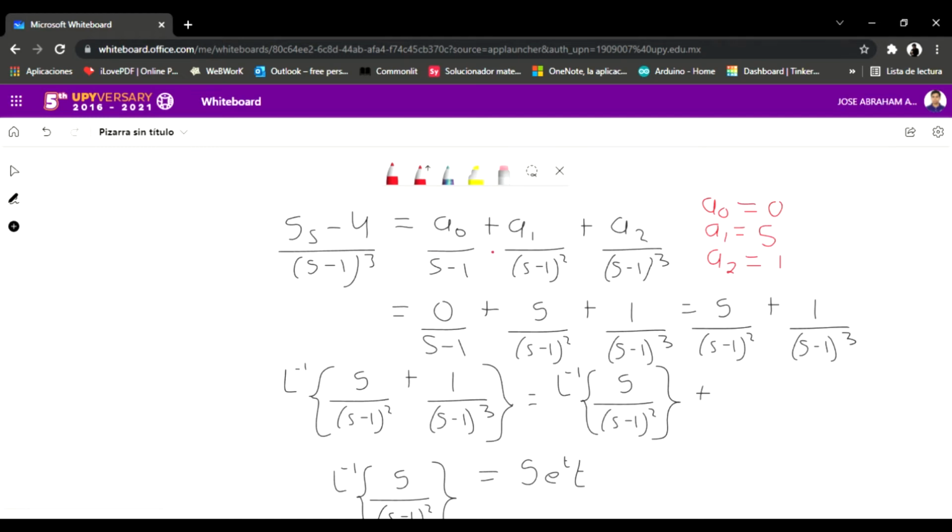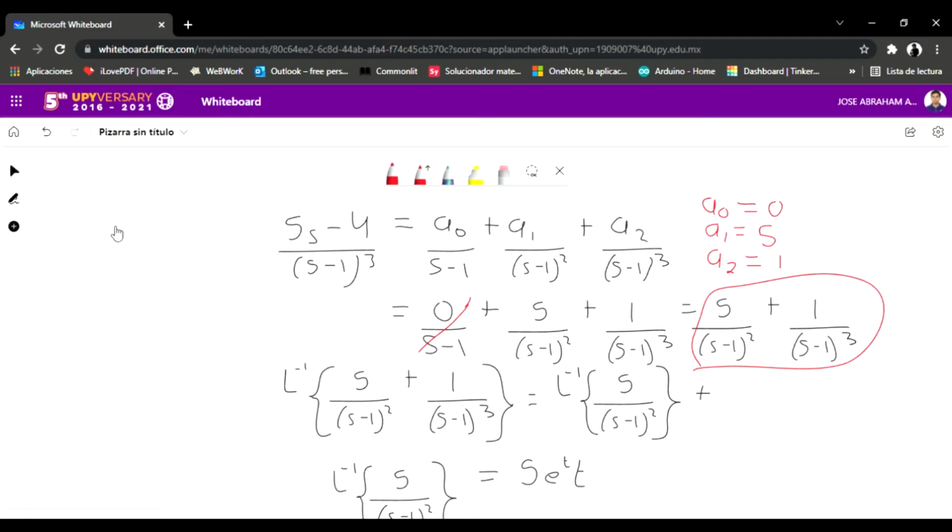So we have 0 over s minus 1, that will be cancelled, plus 5 over (s minus 1) squared plus 1 over (s minus 1) cubed, and this is equal to this equation that we have here, but without the 0 over s minus 1.